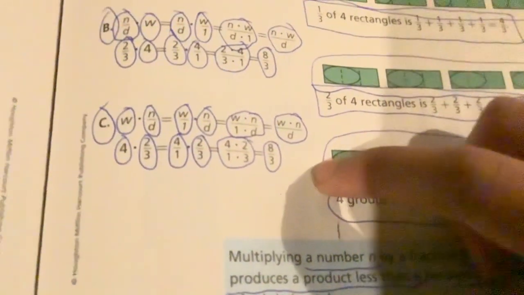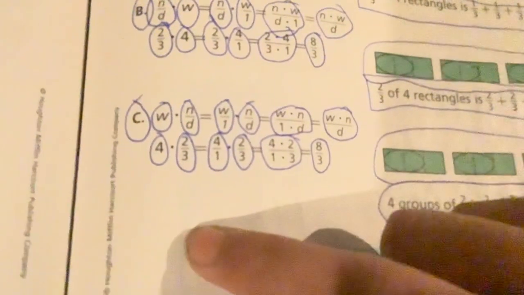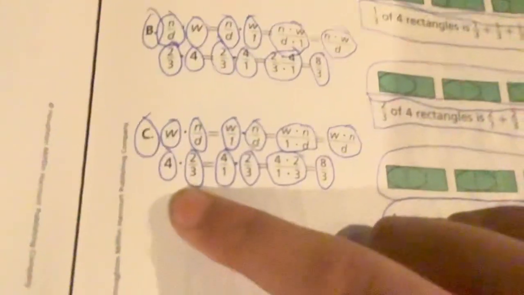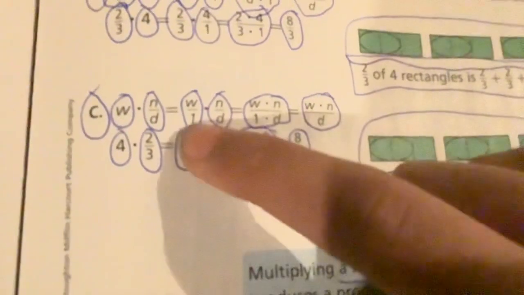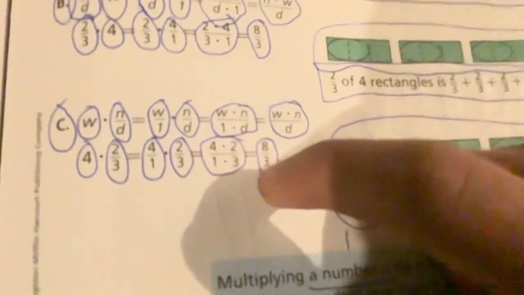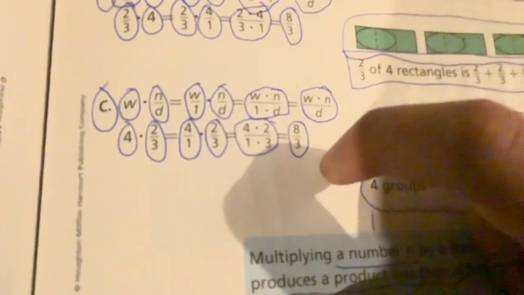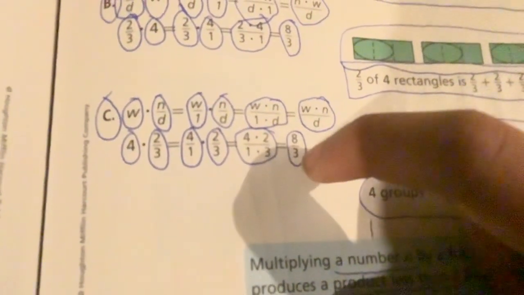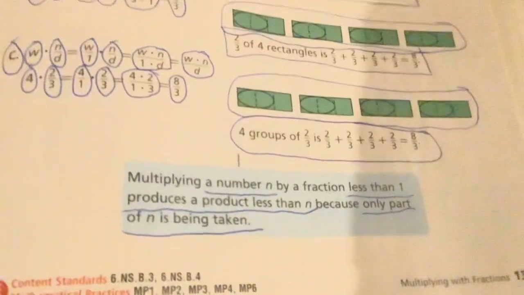And that's true, because as we could see here, let's double check. Let's see if this is absolutely true, because sometimes it could be wrong. 4 times 2/3, n is 2, remember. 4 over 1 times 2 over 3 equals 4 times 2 over 1 times 3, which equals 8/3. Now, 8/3 is equivalent to 2 and 2/3. 2 and 2/3 is 2/3 greater than 2.